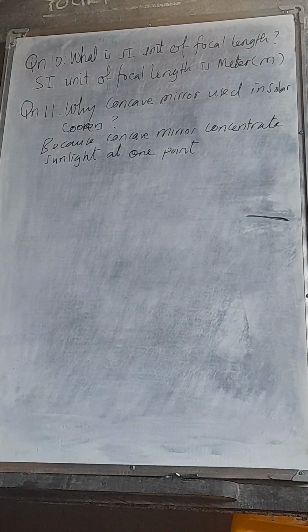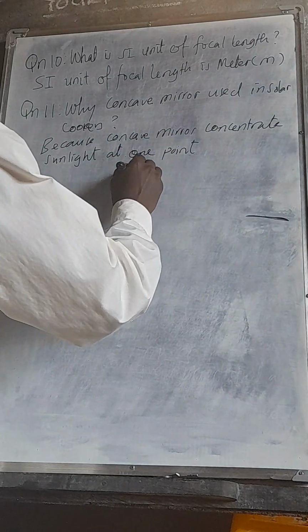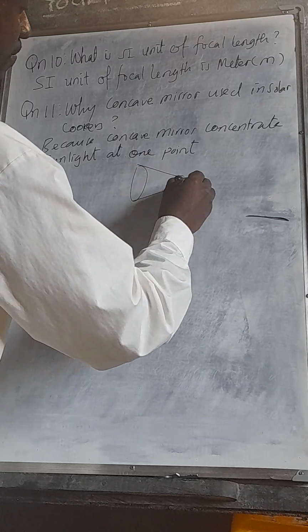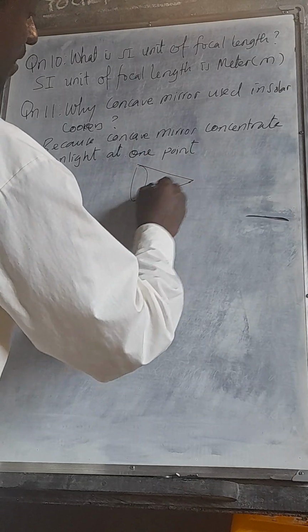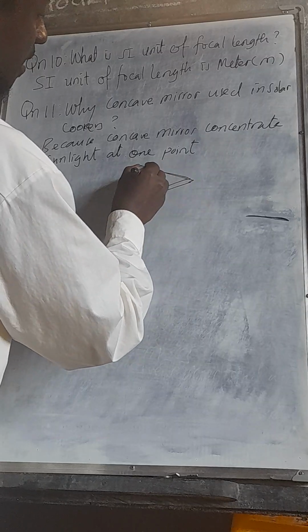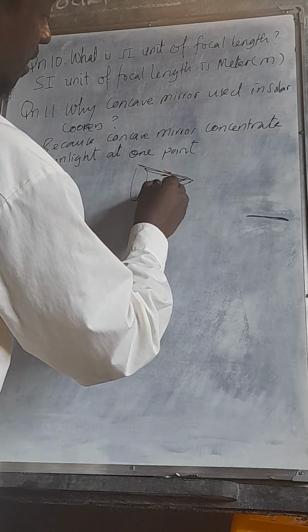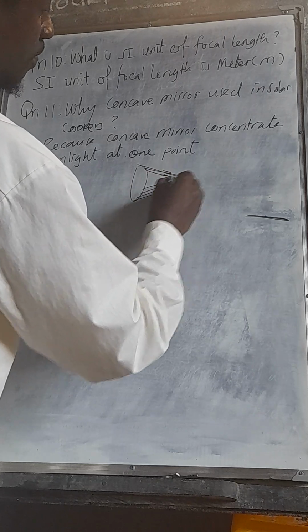Now you may see, normally the concave mirror, something like this, tries to concentrate the sunlight at one point. So you may see all sunlight is concentrated at this point.